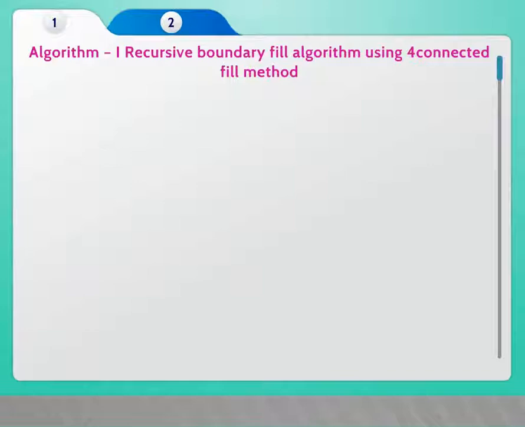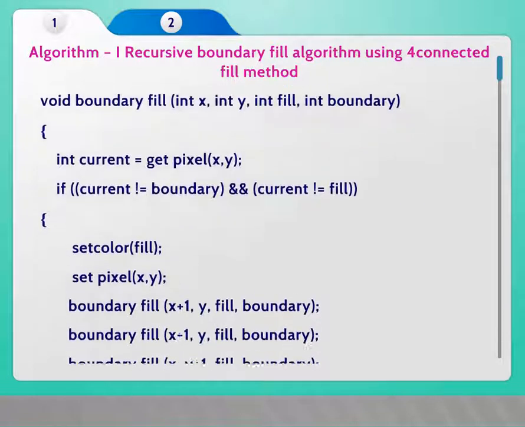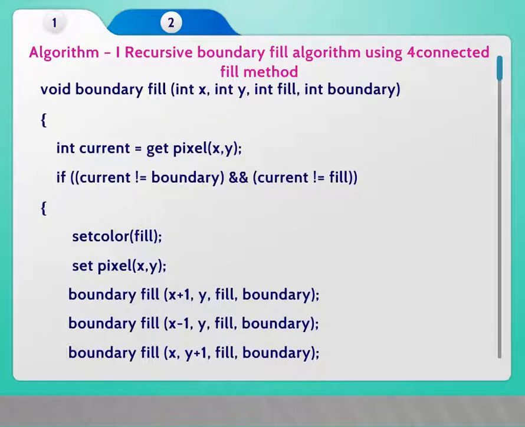Algorithm 1. Recursive boundary fill algorithm using 4 connected fill method. Void boundaryFill(int x, int y, int fill, int boundary). Int current = getPixel(x, y).